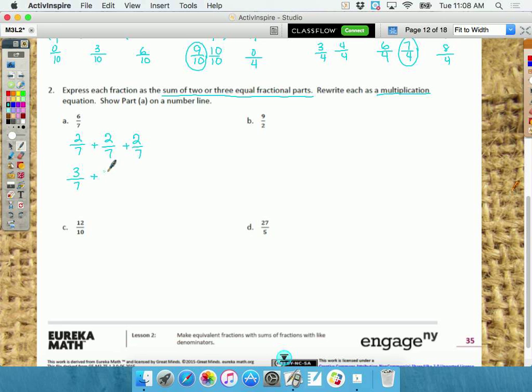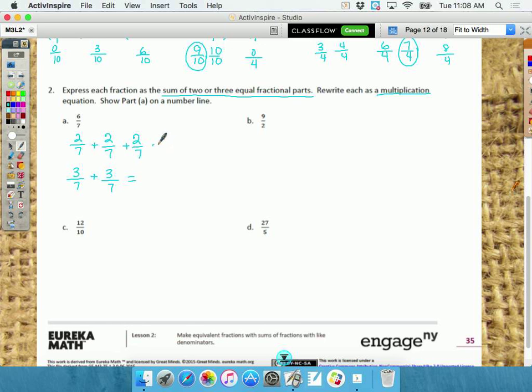Not that we need both of them, but I want us to really think about how to rewrite these as multiplication. I really would like for it to be repeated addition. You could do 4 sevenths plus 2 sevenths, okay? All right, but it's easier to do repeated addition when you have to rewrite it as multiplication, okay? So that's why I like it to say that.